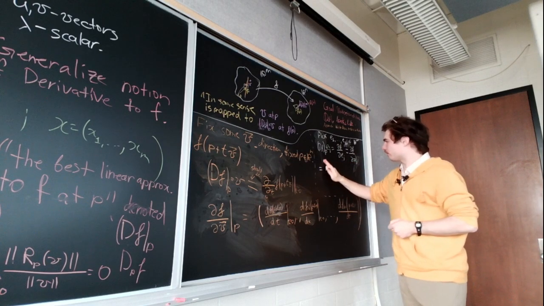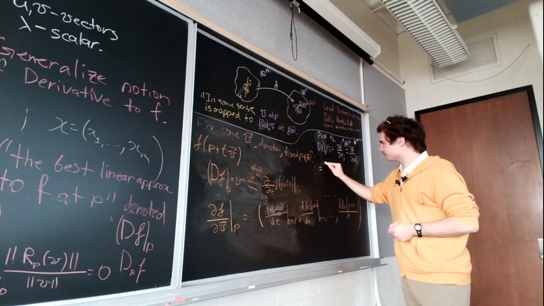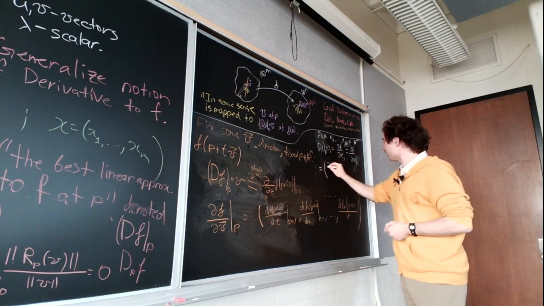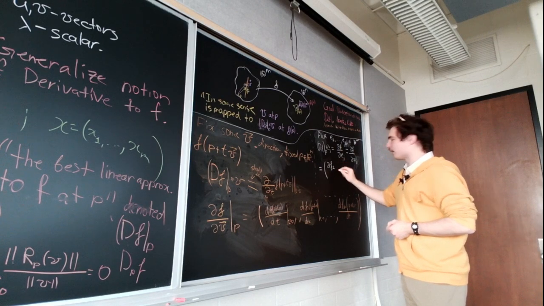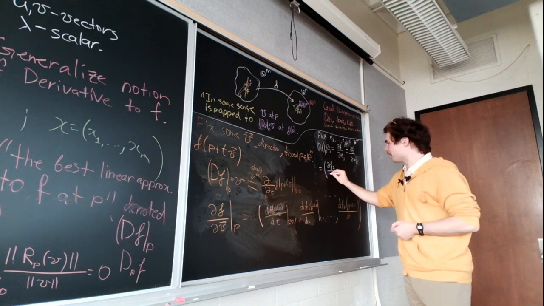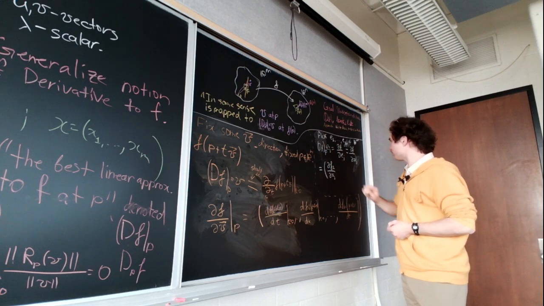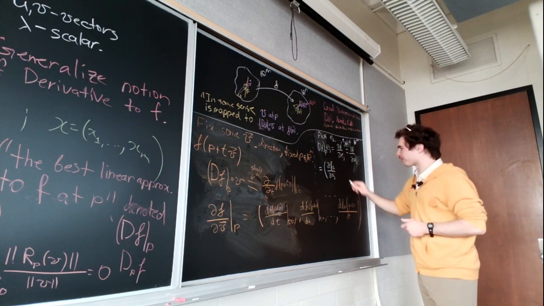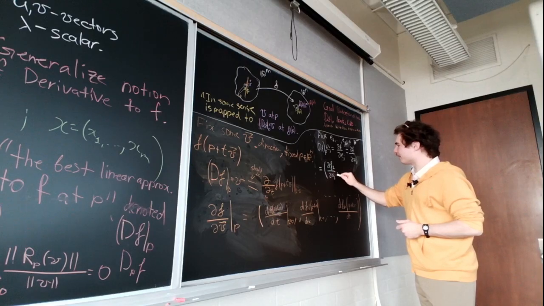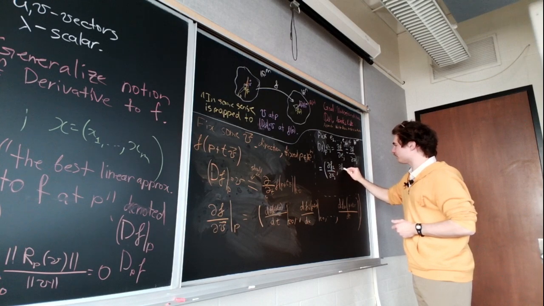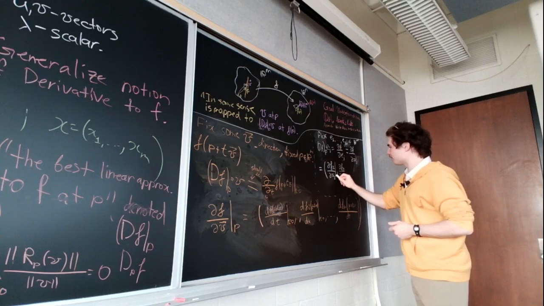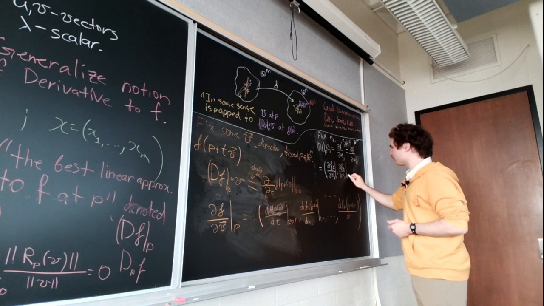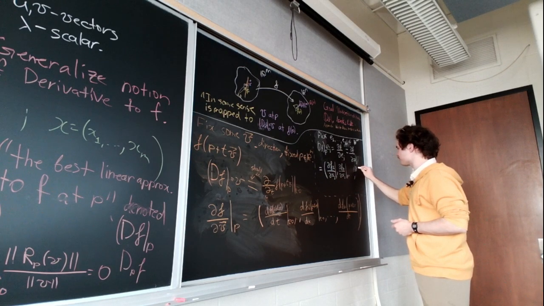And so then, what is this? I can write this now as: I take the first function and differentiate it with respect to xj. Then I take the second function, differentiate it with respect to xj at some point p, and so on and so forth.